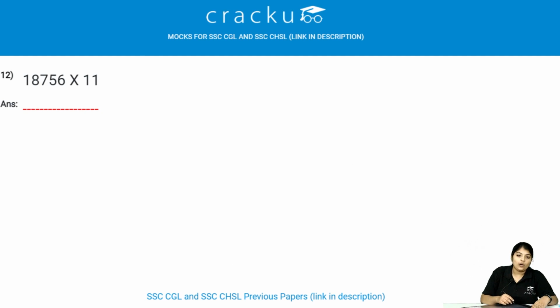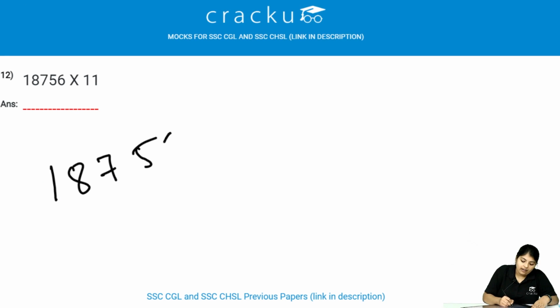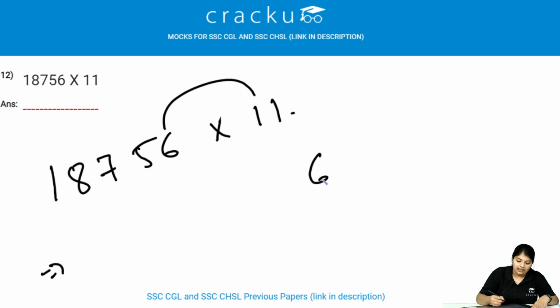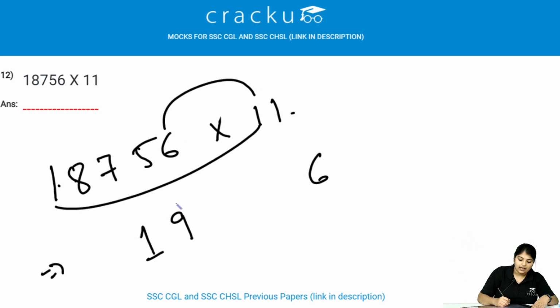The next one is 18756 into 11. So the answer will be 6 ones is 6 in the units place, 1 ones is 1 at the start. So 8 plus 1 is 9, 8 plus 7 is 15, so 1 carry 5 here, 7 plus 5 is 12, 1 carry 2 here, and 6 plus 5 is 11, 1 carry 1 here.